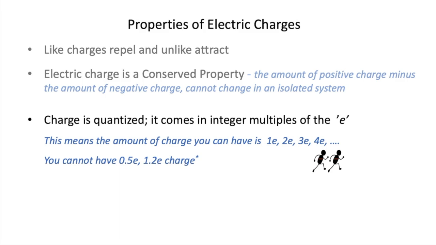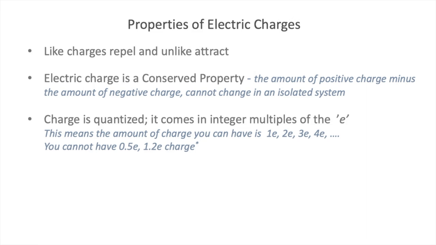So for example, you can have 1e, 2e, 3e, 4e charges, but you cannot have a fraction of a charge like a half charge or a 1.2e charge. So you can always have charges in integer multiples of e. Now, there are some quantum particles that have fractional charge, like 2/3 of e or 1/3 of e, but they cannot exist in a free state.